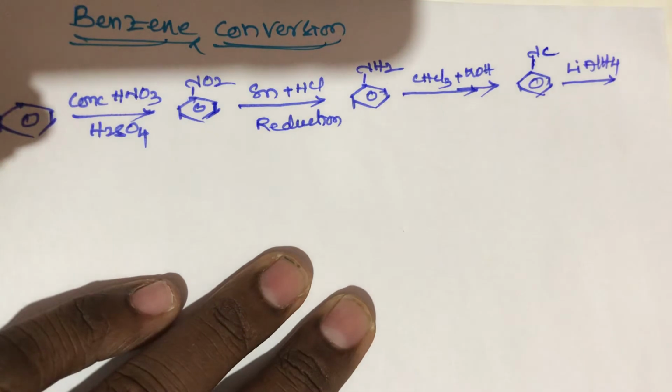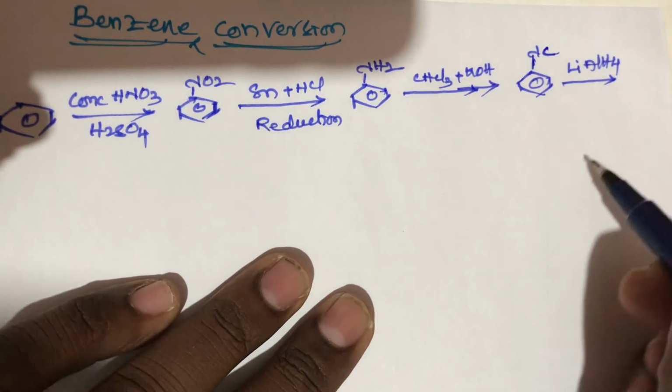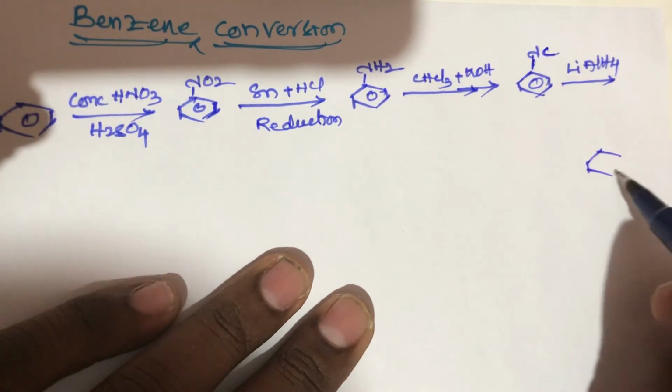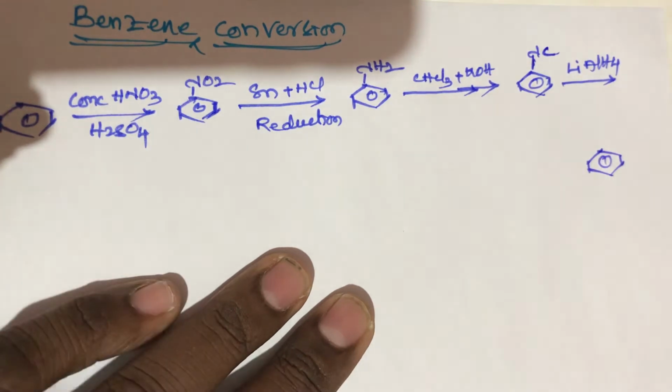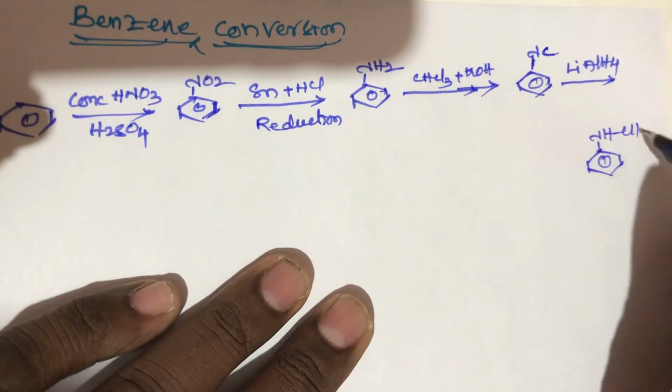What is the role of lithium aluminum hydride? This lithium aluminum hydride acts as a reducing agent. It is a strong reducer. It can reduce the isocyanide group. This isocyanide group is converted to NHCH3. That means secondary amines will be formed.